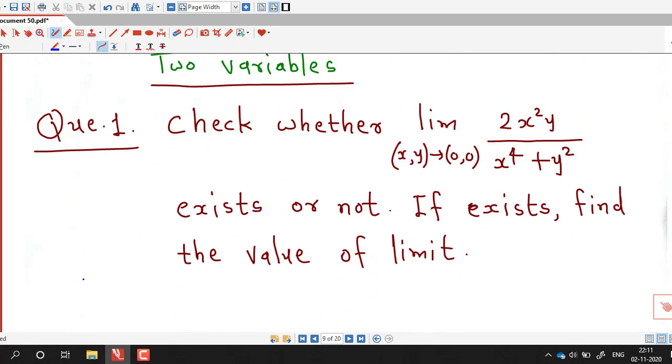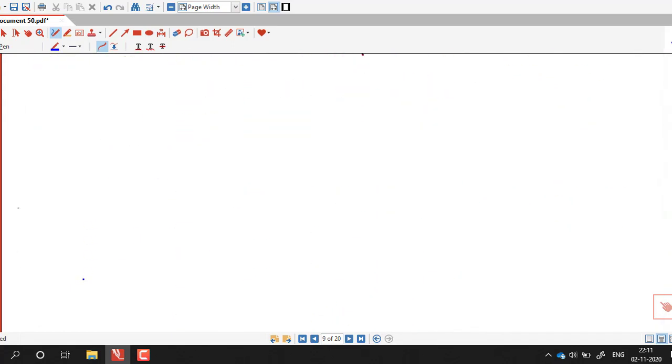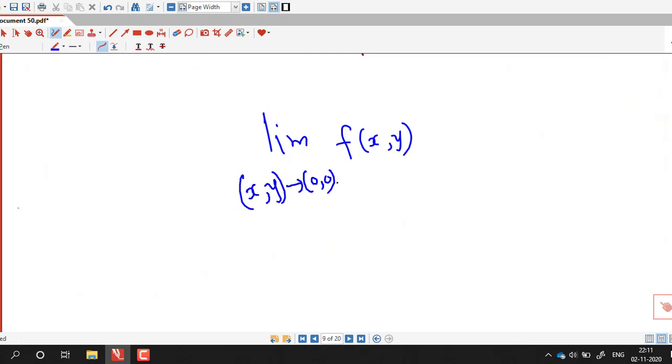So let us recall that if we want to check the limit of a function of two variables about the origin, then we will start by taking different paths passing through the origin.